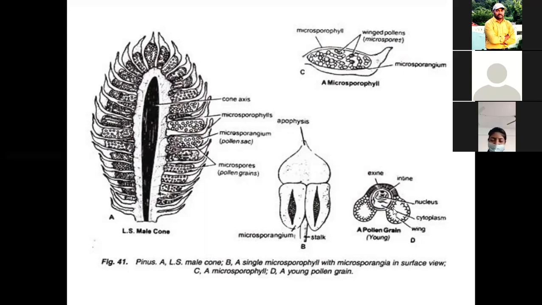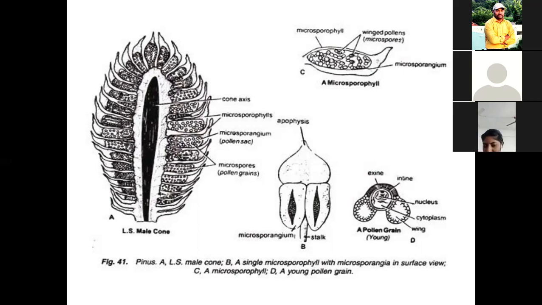When we go to a pine forest, meaning the area of Pinus plants, in March or April we observe yellow showers in the sky. Yellow showers means yellow colored cloud-like structures, which are made only by Pinus pollen grains.